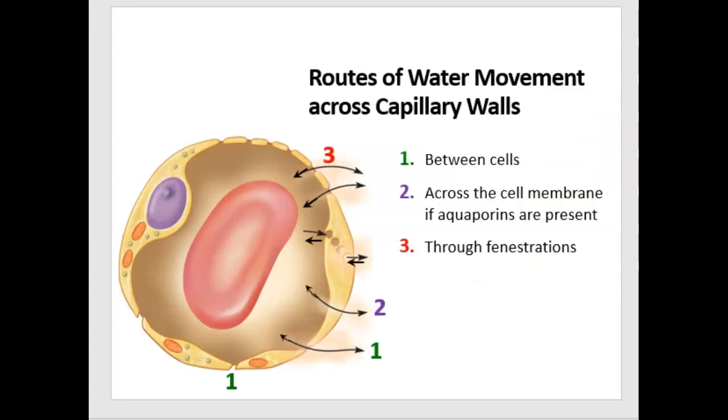Okay, let's look at water movement. So those were solutes. Now, water can move primarily between cells and across the cell membrane, through aquaporins, and through fenestrations if they exist.